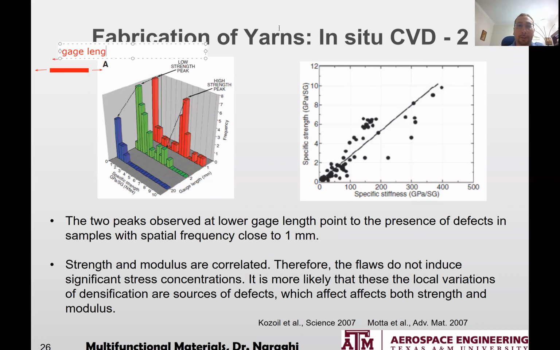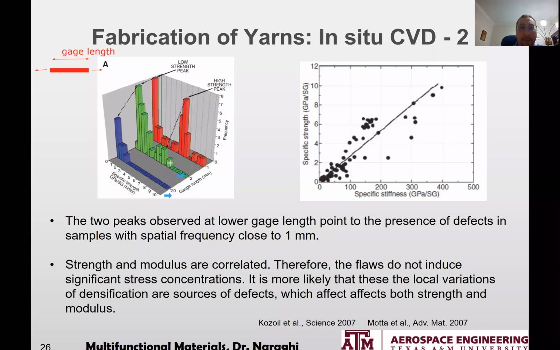Here's a very nice result of what they reported. Look at this. For the case of 20 millimeters, the strength has a normal distribution, and the peak of the measurement is below 1 gigapascal per specific gravity. When they go to 2 millimeters, something very interesting happens.